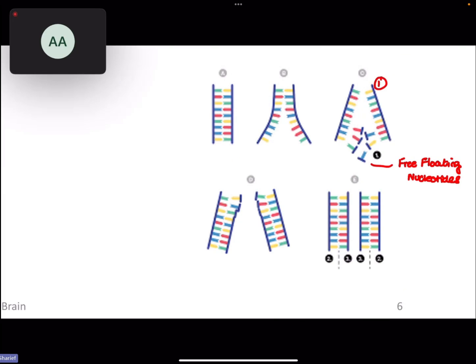So this is template strand 1, this is template strand 2. As you can see, the bases are exposed, and these free-floating nucleotides will be attracted to the exposed bases. Okay, that's basically what's going to happen.